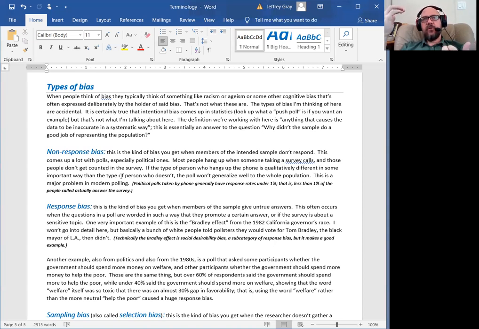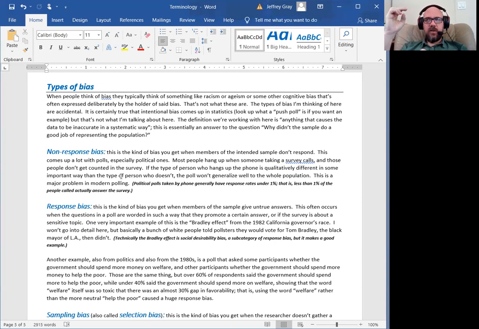And so basically just the wording changed the response by an incredible margin. Like, the difference between a 35% yes and 65% yes is massive. Something that is 65% popular is tremendously popular. And something that is 35% popular is quite unpopular in general.